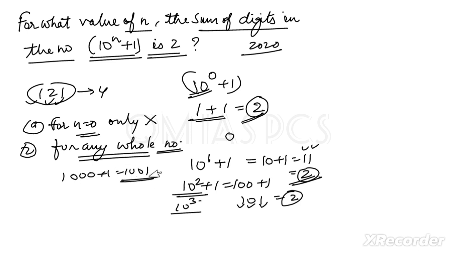Any such number you get, the sum will be 2 only. That means for any whole number the answer will be 2.